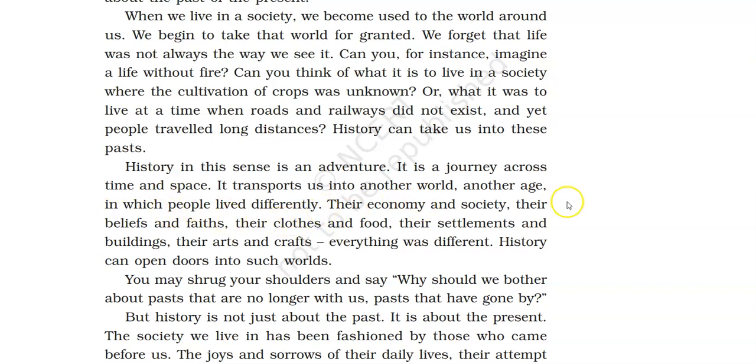As time grew, as people grew, their mental growth also increased. And they started living in different ways, as per the different conditions. Their economy and society, their beliefs and faiths, their clothes and food, their settlements and buildings, their arts and crafts, everything was different.